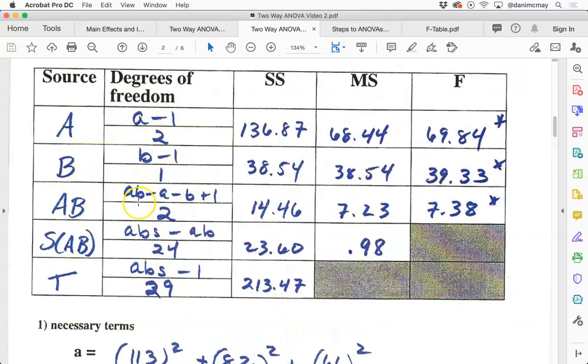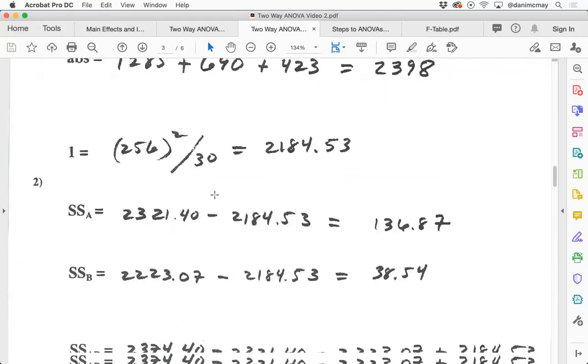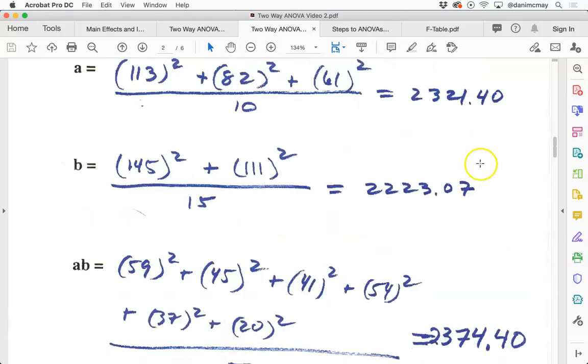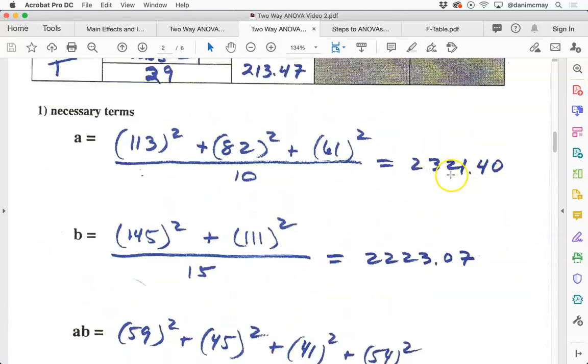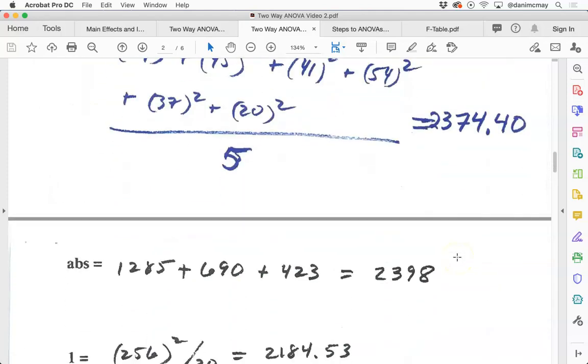Okay. AB minus A minus B plus 1. Okay. So our AB term, 2374.40, minus our A term, 2321.40, minus our B term, 2223.07, plus 1.